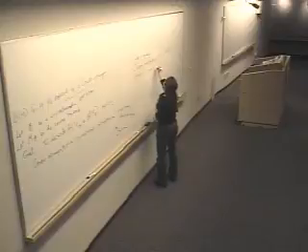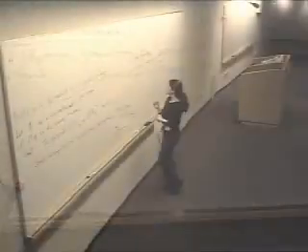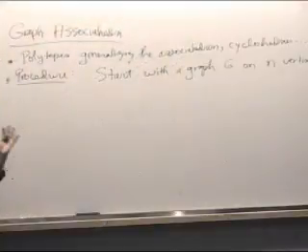So let's start with a graph, G, say on n vertices. And now what we do is we take a simplex of dimension n minus 1. So its facets are in bijection with the vertices.